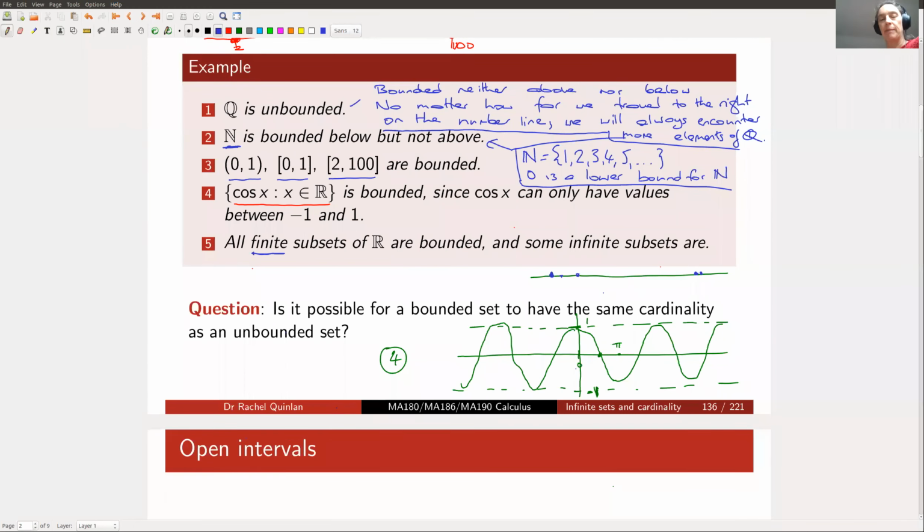And of course, you're no doubt familiar with the term bounded in relation to functions. A function is bounded if the set of its values is a bounded set in this sense. So the cosine function, for example, would be referred to as a bounded function because its values can't stray outside the interval from -1 to 1. They're contained in there.